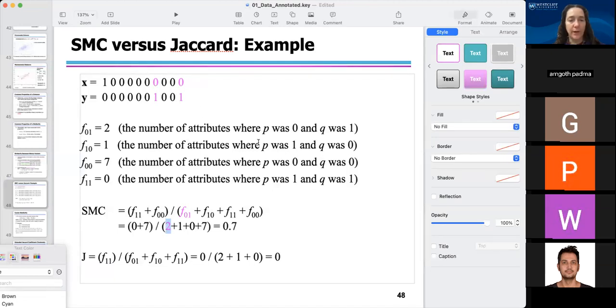Then we count the number of attributes where P is 1 and Q is 0. There's one over here. We have 1, 0. Well, there's one of those. The number of attributes where P is 0 and Q is 0, we got quite a bit of those. We have all of that.